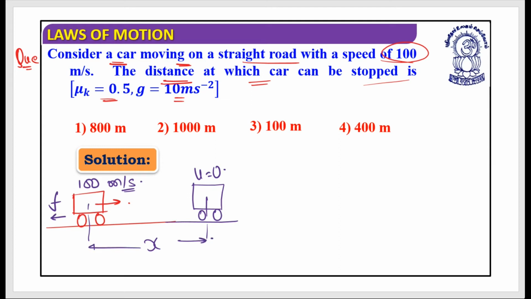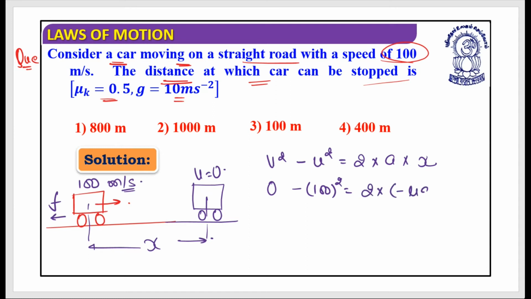So I can write v square minus u square equals 2 into a into x. This is 0 minus u square, which is 100 square, equal to 2 into a, where a is minus mu g, into x.